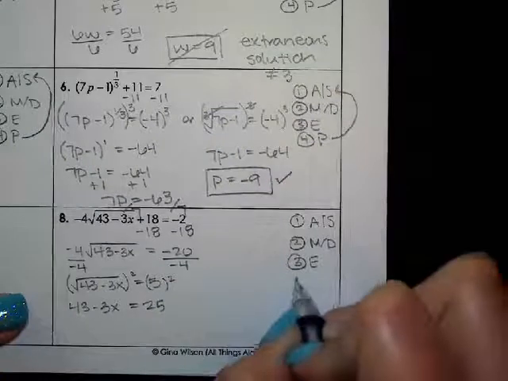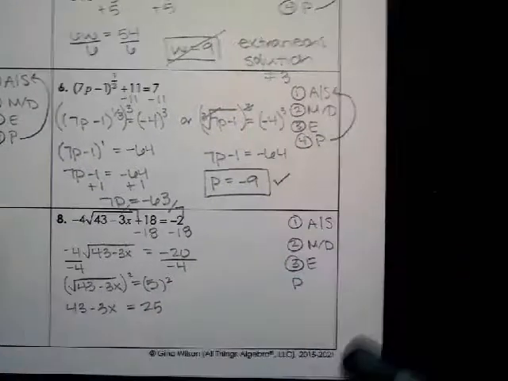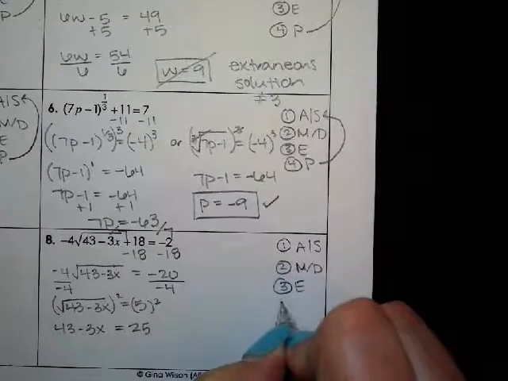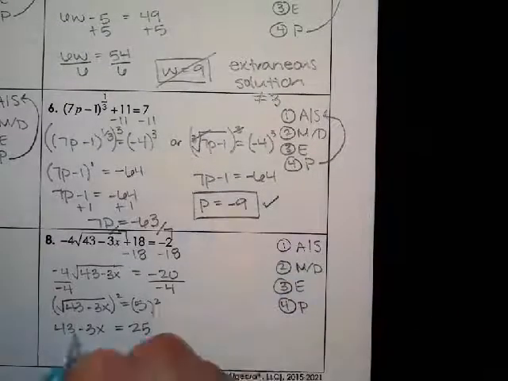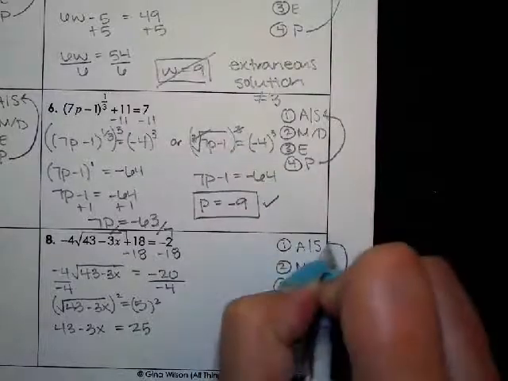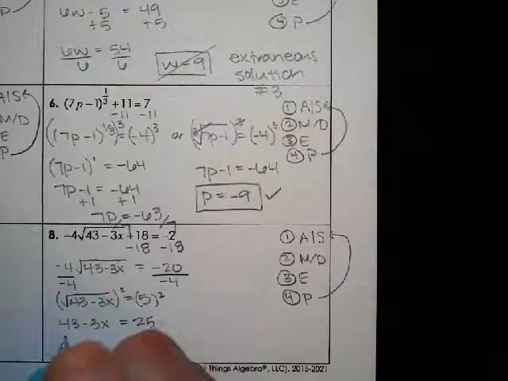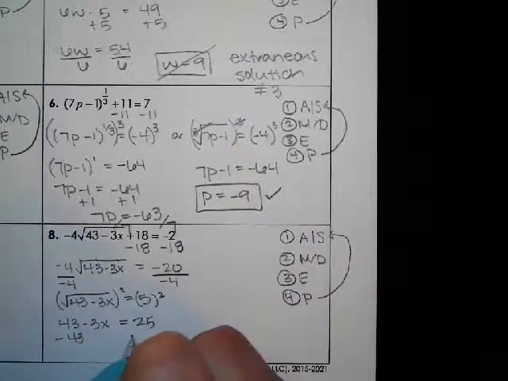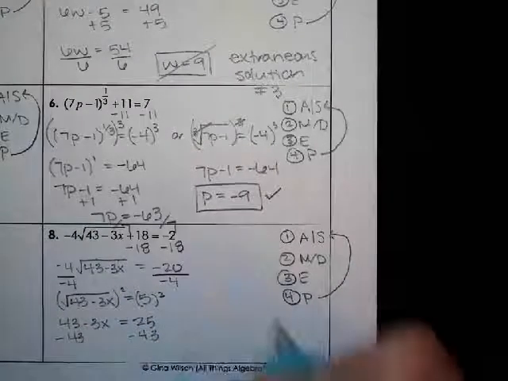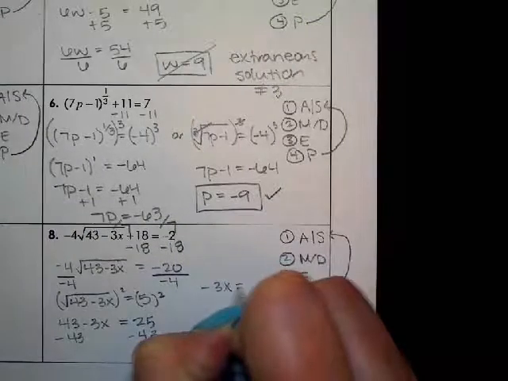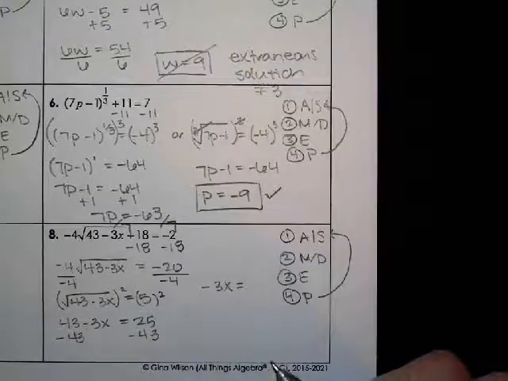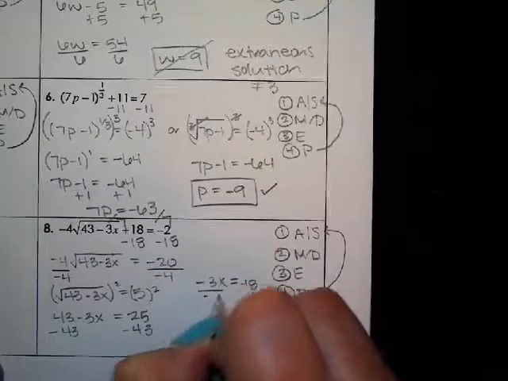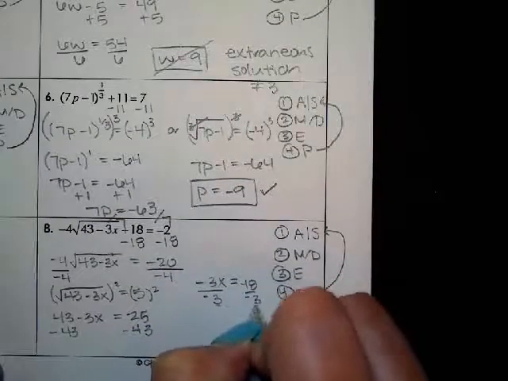Oops. Fourth step is parentheses. Those are our grouping symbols, which we just got inside, so now we're going back to the beginning. We can add or subtract the 43 over to the other side to get the x alone. 25 minus 43 is negative 18. And then we can divide by the negative 3 to get 6.